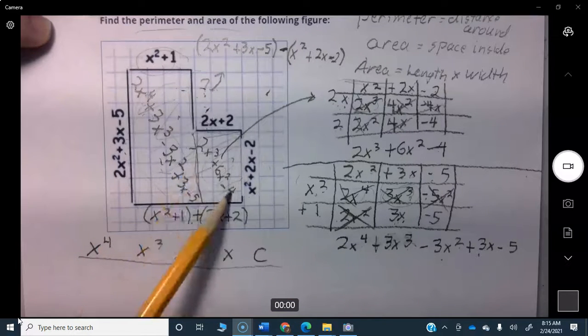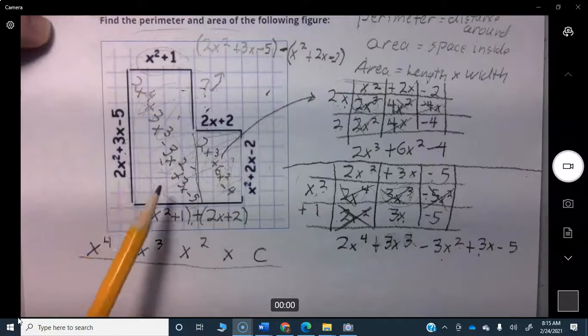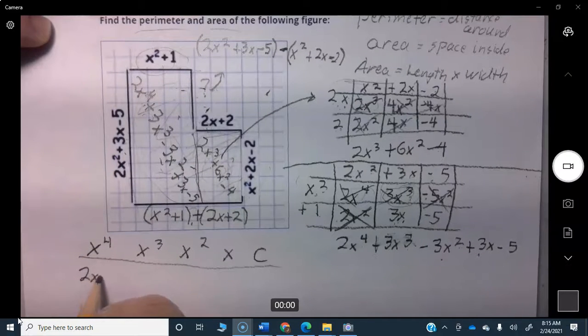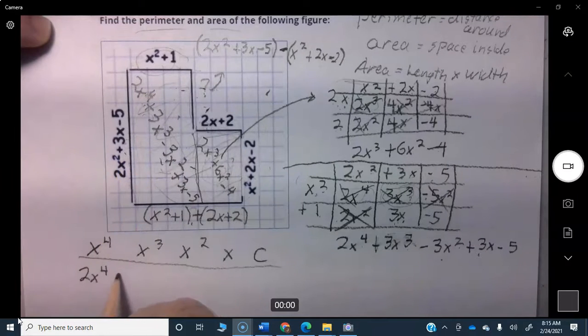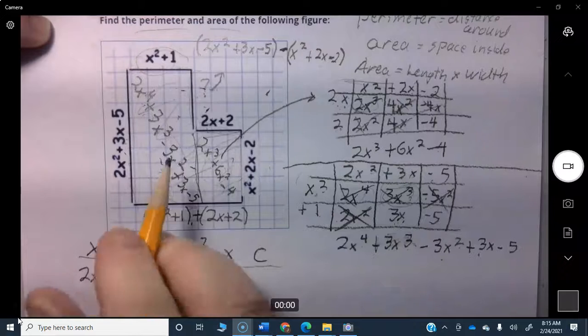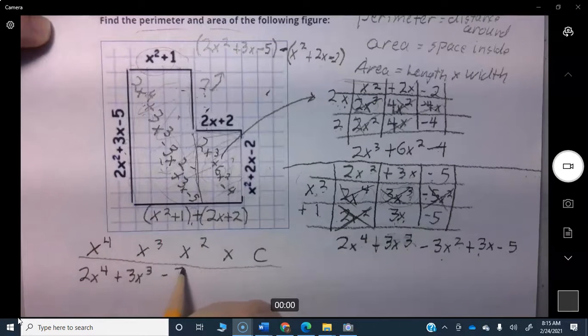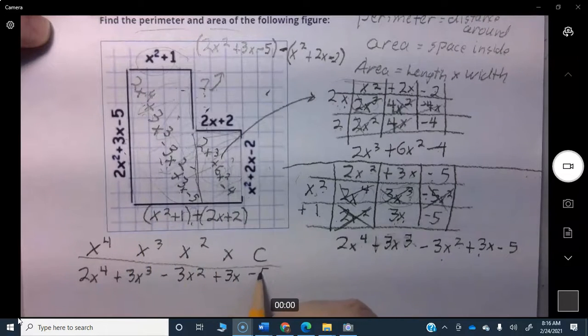So in the x to the 4th, again, I'm adding this and this. So it's 2x to the 4th, plus 3x to the 3rd here, minus 3x squared, and be sure everything's lined up with its column, plus 3x minus 5.